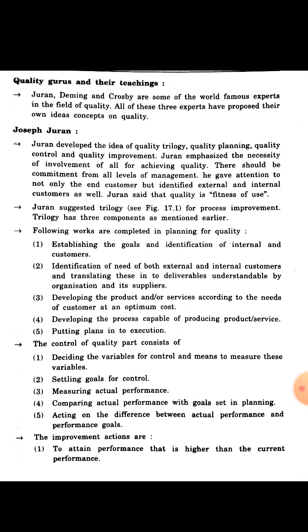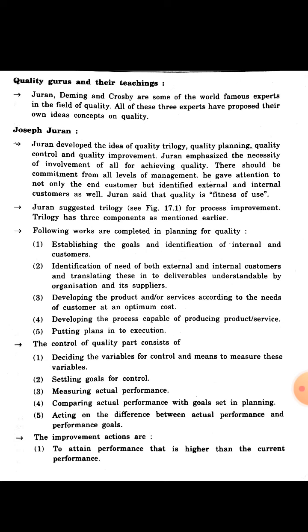Now, the control of quality part consists of deciding the variables for control and the means to measure these variables, settling goals for control, measuring actual performance, and comparing the actual performance with the goal of the planning. And fifth is acting on the difference between the actual performance and the performance goal.